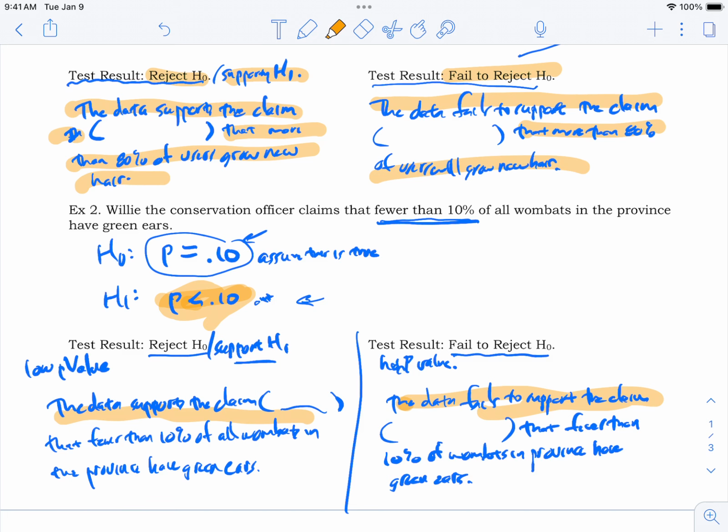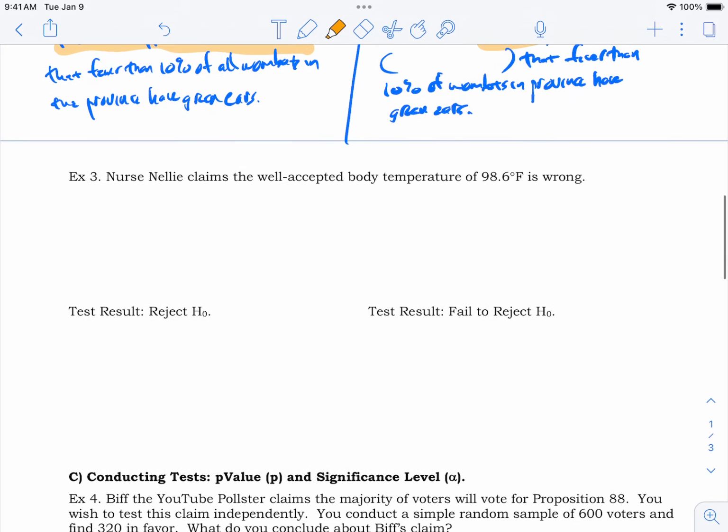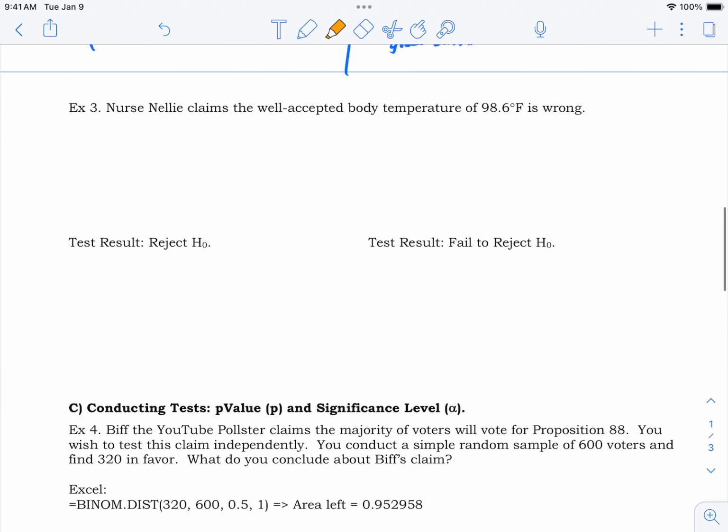Now the next example is a little bit different, so it's really worth looking at, but it involves the equals, not equals. So example 3: Nurse Nellie claims against the well-accepted theory that the average human body temperature is 98.6. She's been measuring temperatures all her life, and she says, no, that ain't right.